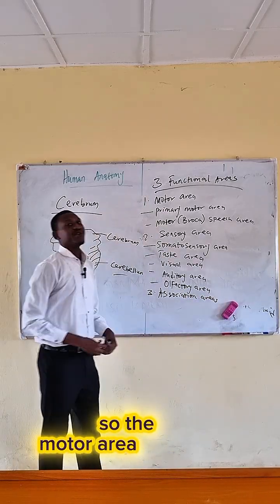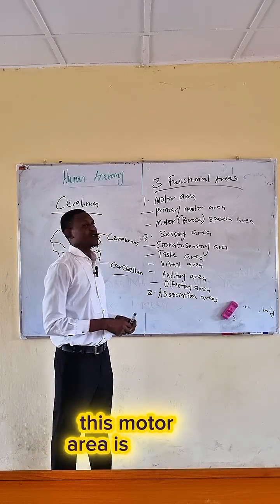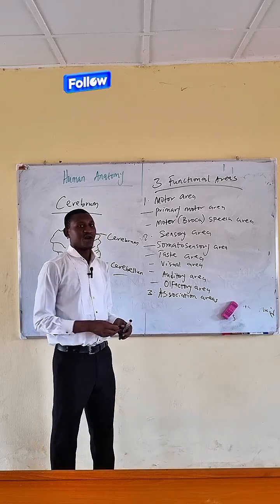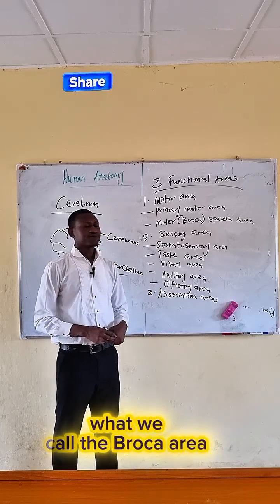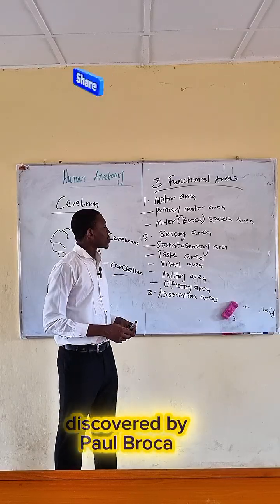So the motor area controls voluntary movement. This motor area is made up of two parts: primary motor area and motor speech area, or what we call the Broca area, because the area was first discovered by Paul Broca.